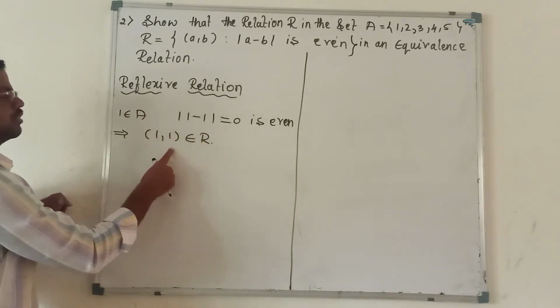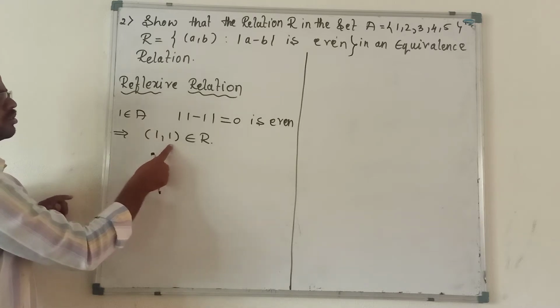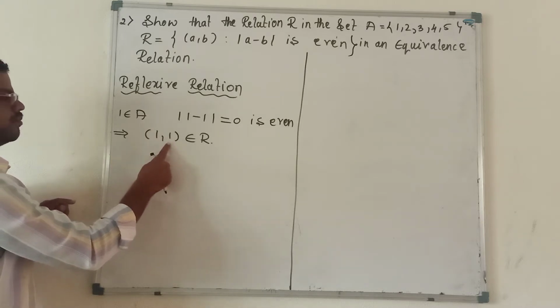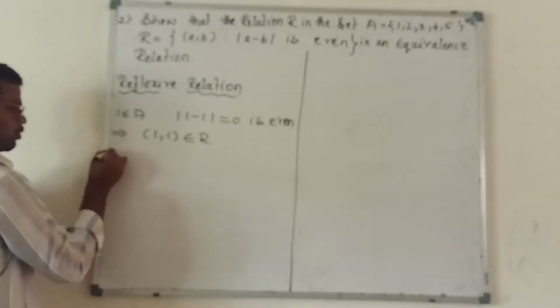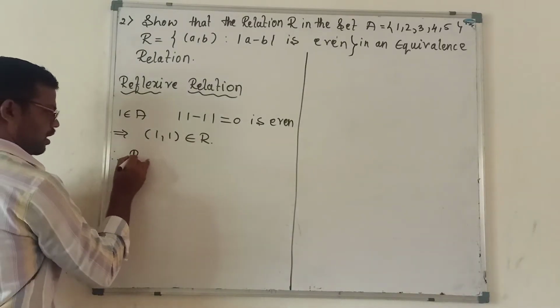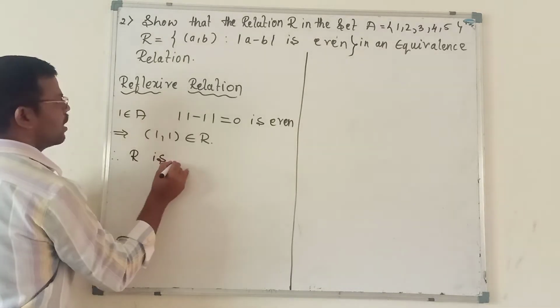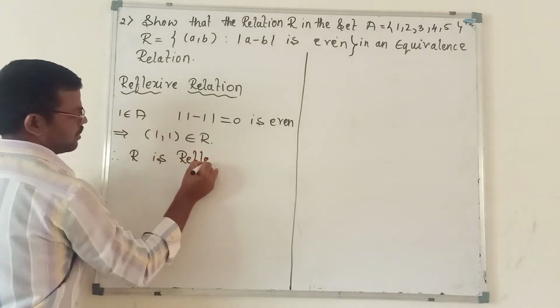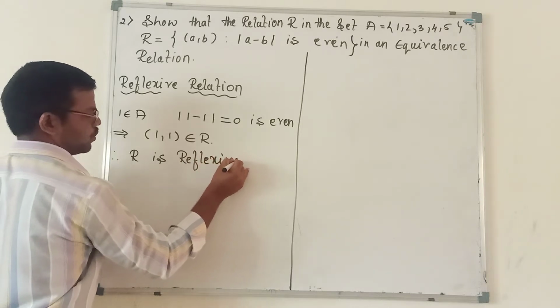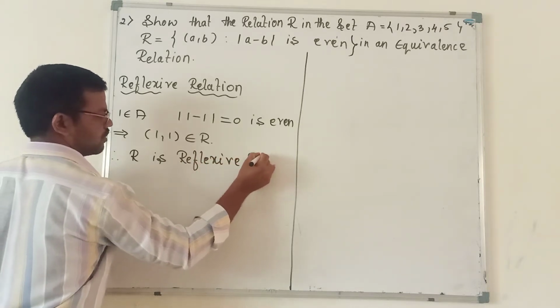Then (2, 2) also belongs, (3, 3) also belongs, (4, 4), (5, 5). So every pair belongs to R. Therefore, R is a reflexive relation.